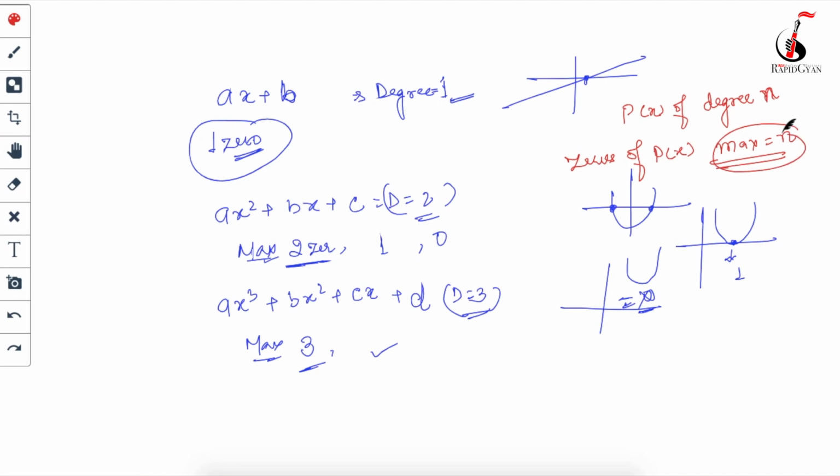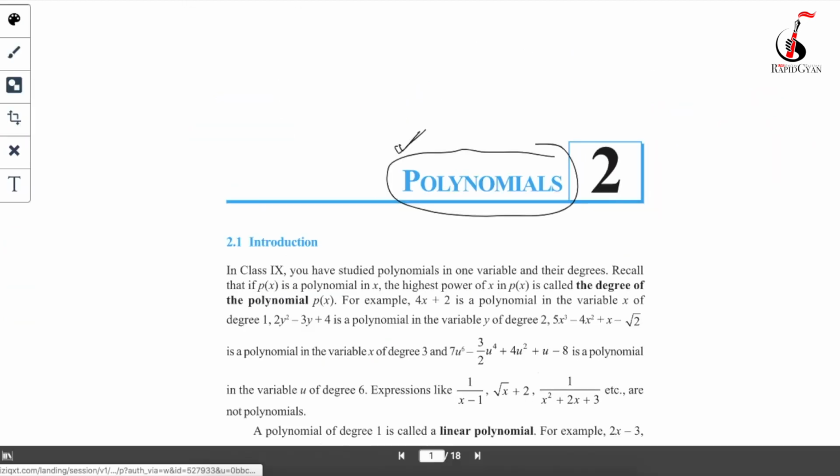It could be less than n also, but it cannot be more than n. Simple thing: if the degree is n, then the maximum zeros will be n or less than n, but it cannot be more than n. Understand? Good.